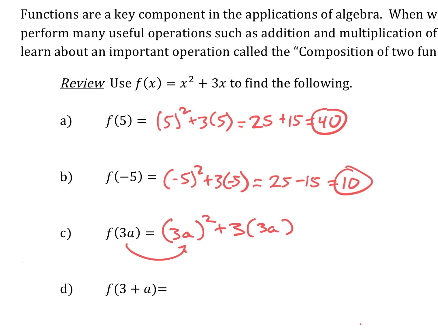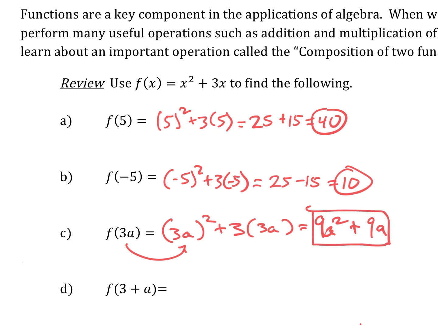And then we can clean that up. 3a squared is going to be 9a squared. Remember that this exponent affects both of these. So we square the 3 and we get 9. We square the a and we get a squared. And 3 times 3a gives us 9a. All right, there you have it.